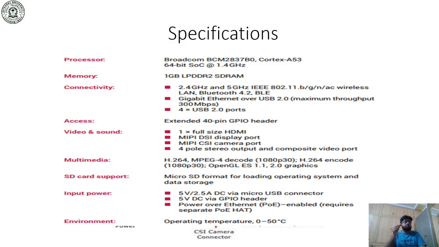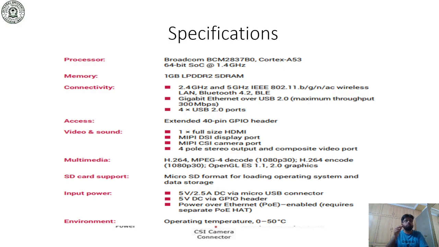If you talk about the memory, 1 GB of SDRAM is given within the Raspberry Pi module. If you talk about the connectivity, we have Wi-Fi connectivity in the Raspberry Pi 3 Model B Plus. We are having Bluetooth connectivity, and also we are having 4 USB ports to connect the different devices, okay.